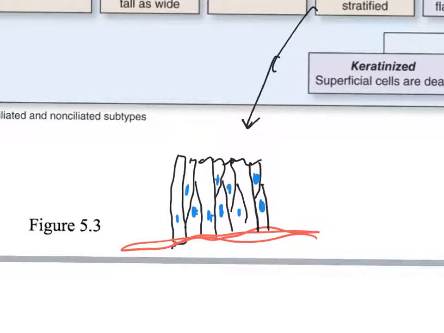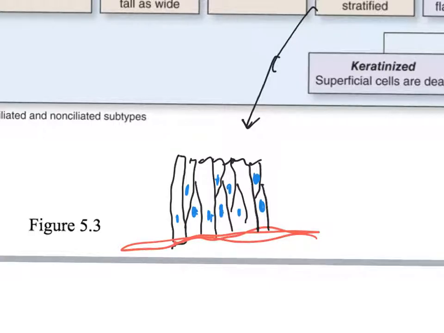If you go by nuclei and look at whether there are multiple layers of nuclei from the apical to the basement membrane, you can conclude it could be stratified. And in this case, it kind of looks like that, right? This one's going to be really hard to tell.